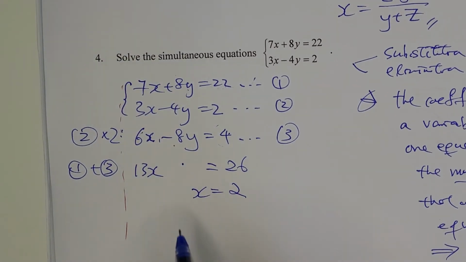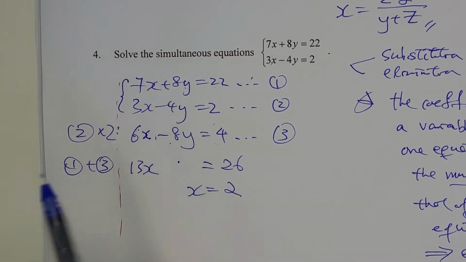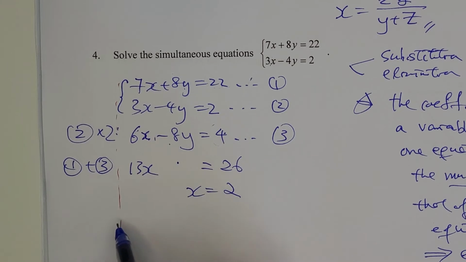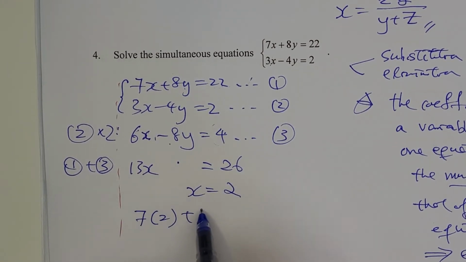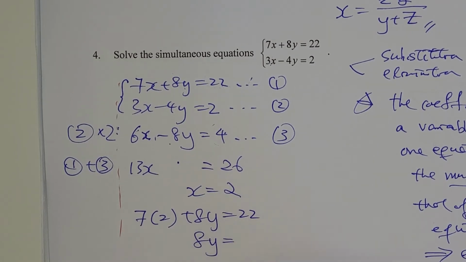When you get x equals 2, then you can substitute in either equation 1, equation 2 or equation 3, just up to you. So be careful of your calculation. 7 times 2 plus 8 times y equals 22. 8 times y will equal 22 minus 14, that's 8.